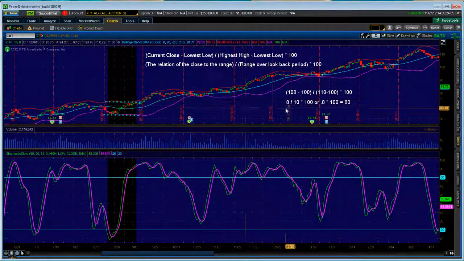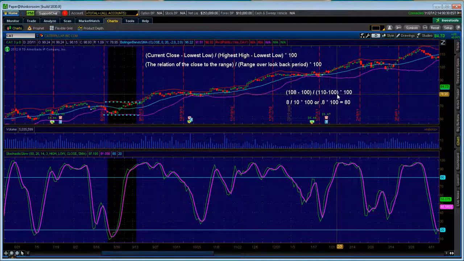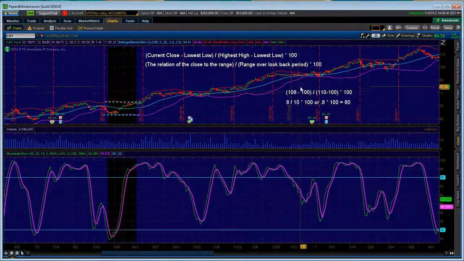So for just a simple example, let's say you had a stock that was trading around the $100 range, and its low was 100. Its high for the look back period of 14 days was 110. That's going to give us a range of $10. Now let's say it closed at 108. You take that away from the lowest low, giving us 8.